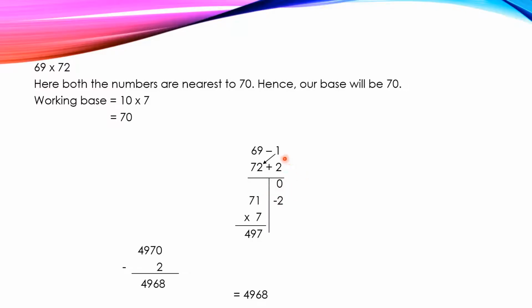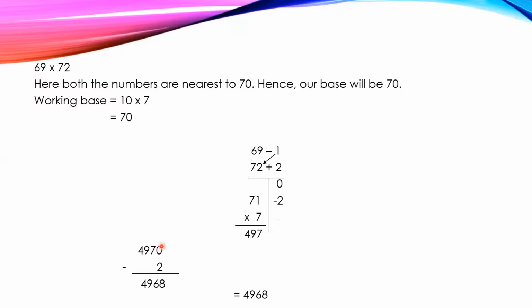Now we can either subtract 1 from 72 or we can add 2 to 69. In both the cases, we will have our answer as 71. So like in our working base, we have 10 multiplied by 7 is equal to 70. So we will multiply 7 to 71, which will give us 497.